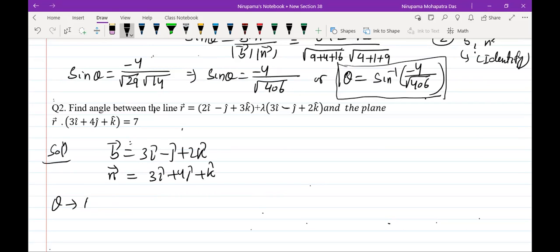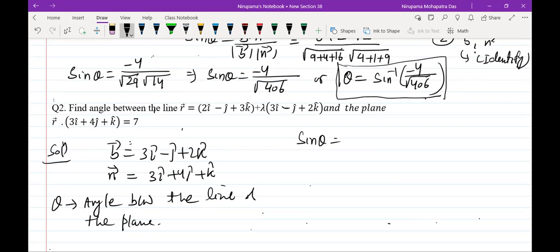Theta is the angle between the line and the plane. So you can find sin theta equal to b dot n divided by magnitude of b into magnitude of n.